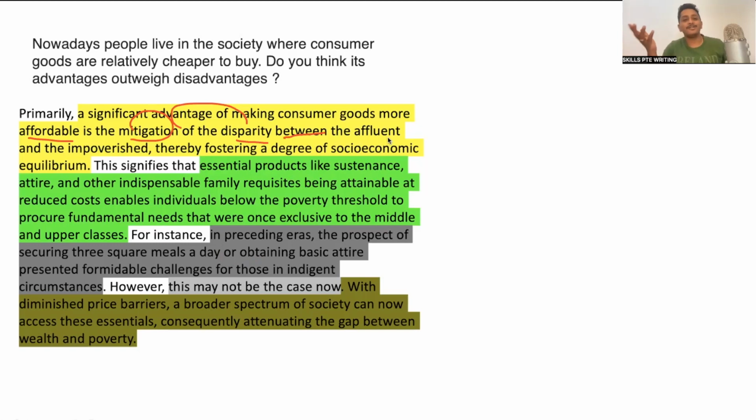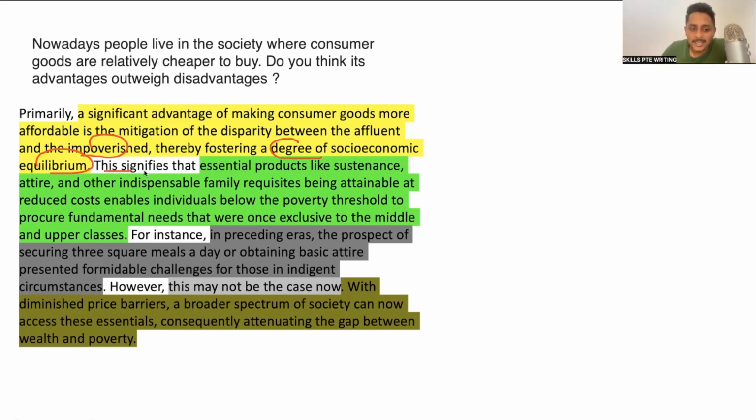Now poor also having the good clothes, right, to some extent. So that gap between rich and the poor to look is slowly reducing. That's what mitigation of the disparity between affluent, means rich, and the impoverished, thereby fostering a degree of socio-economic equilibrium. Degree, not complete, to some degree, to some extent. How?